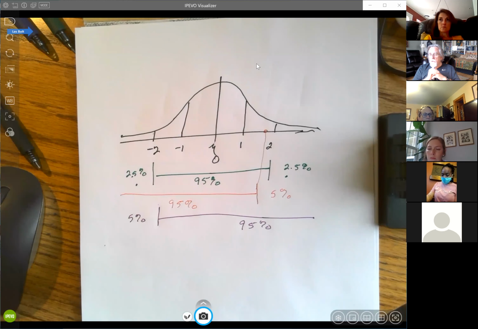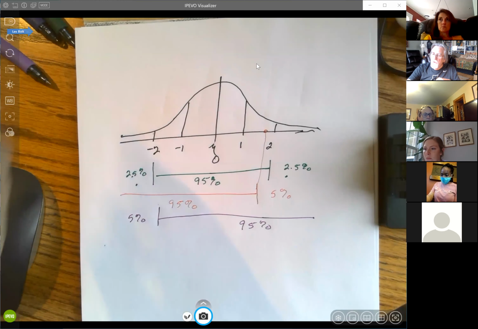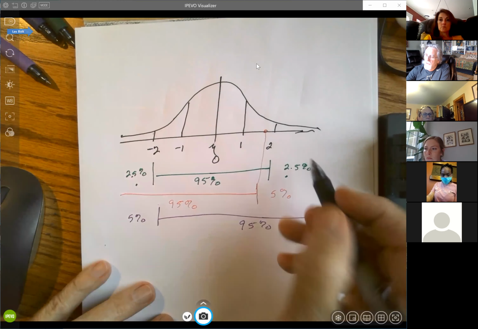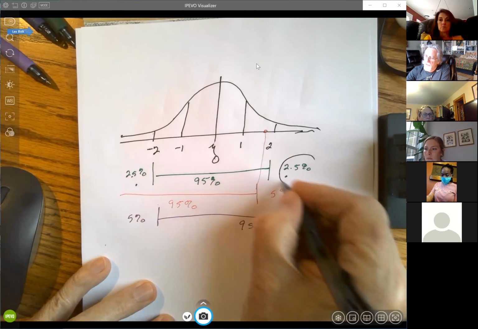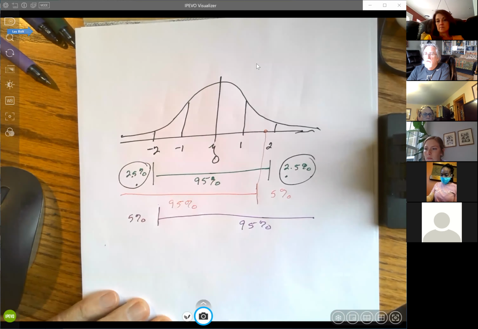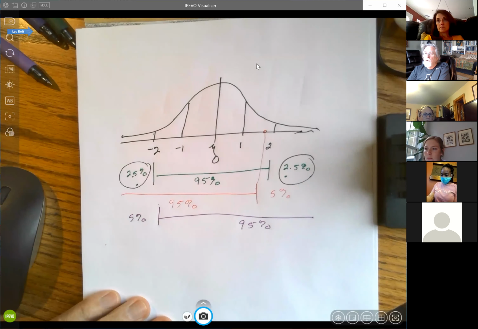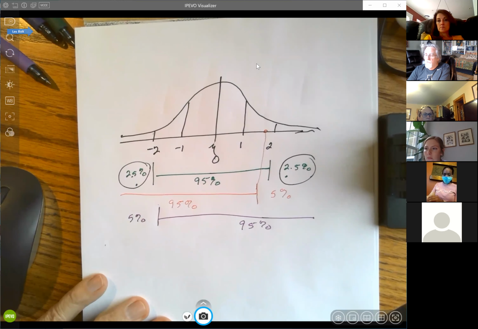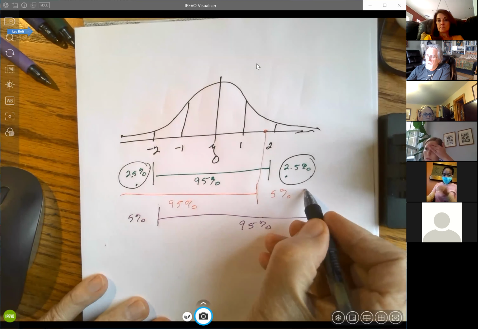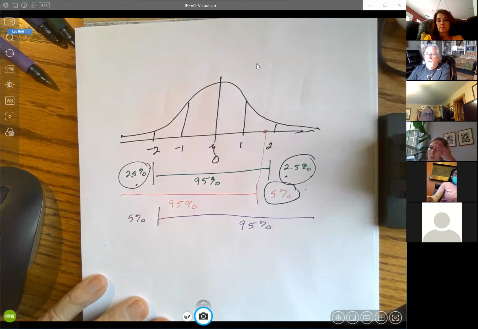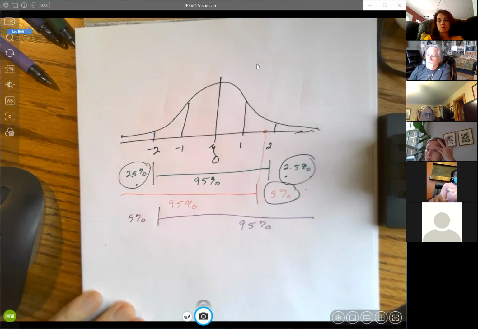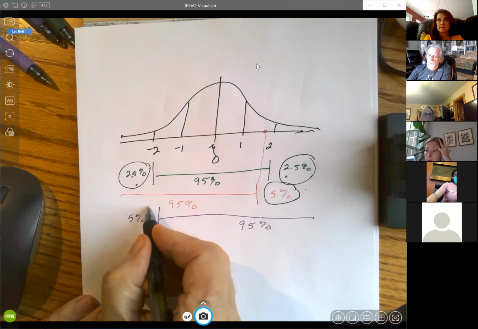So for the two-tailed test, it doesn't matter whether it's out here or out here. For the one-tailed test in a positive direction, it's got to be out here someplace. And for the one-tailed test in a negative direction, it's got to be out here someplace.